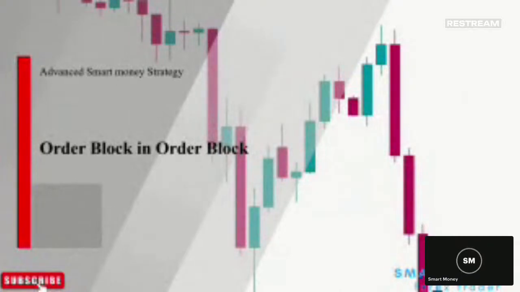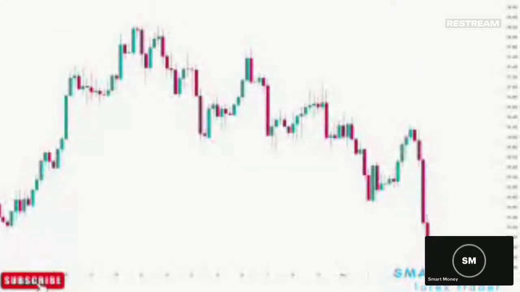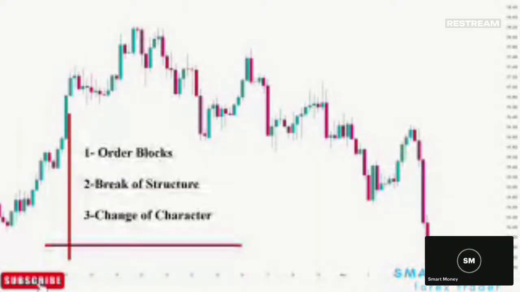Now I've done in my previous episode, I've done and described what an order block is, but in this very episode I'll be talking in details about the order block, break of structure and change of character, to fully understand this concept, all of which has been explained on separate videos in the previous episode.